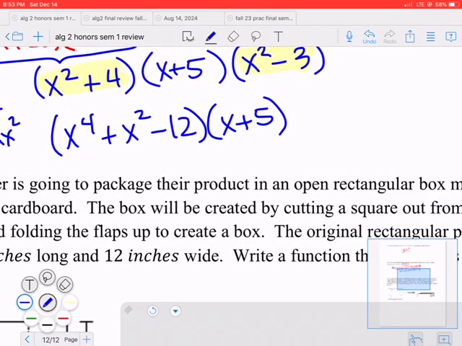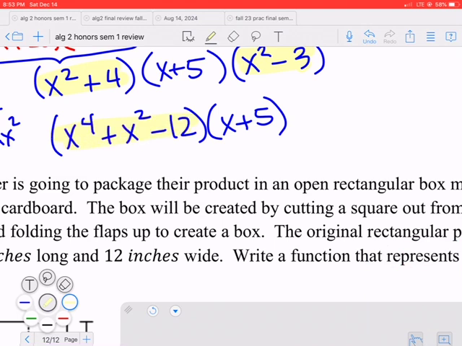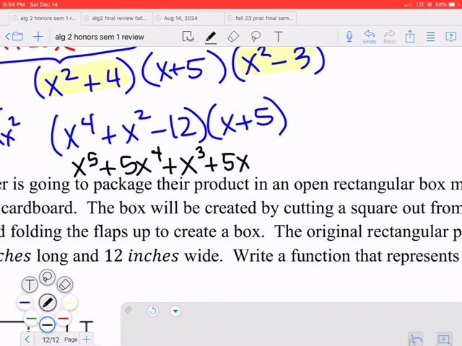Remember, everything that's in the first one, you've got to distribute each one of those terms. Distributing the x to the 4th: x to the 4th times x is x to the 5th, x to the 4th times 5 is plus 5x to the 4th. Now distributing the x squared: x squared times x is x to the 3rd, x squared times 5 is 5x squared.